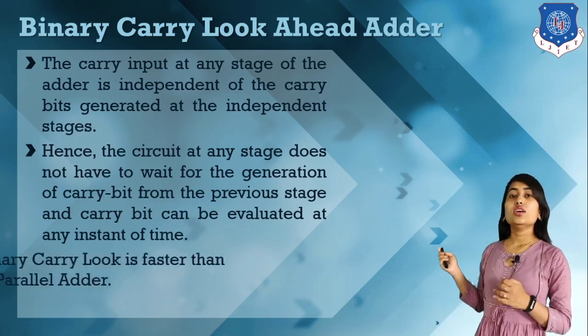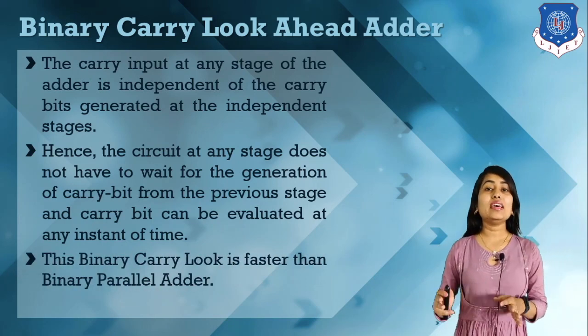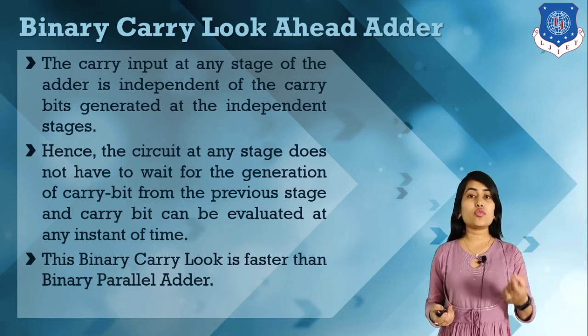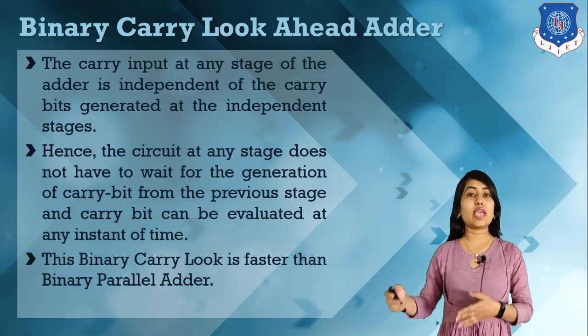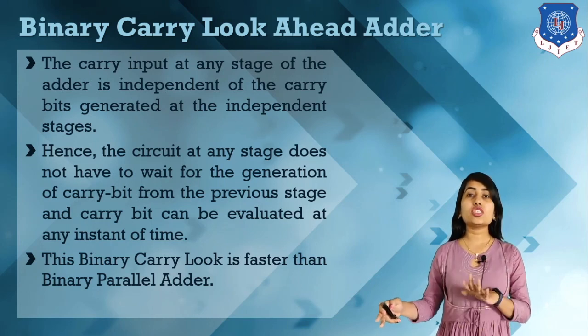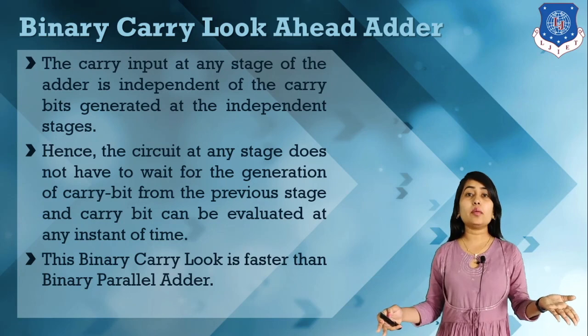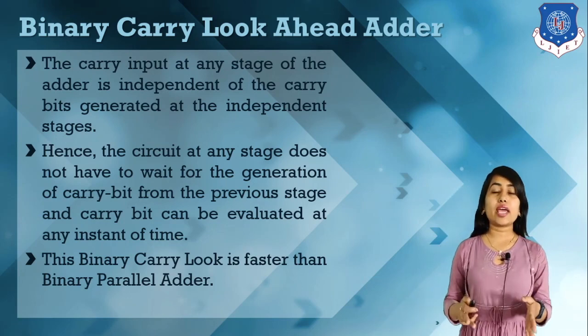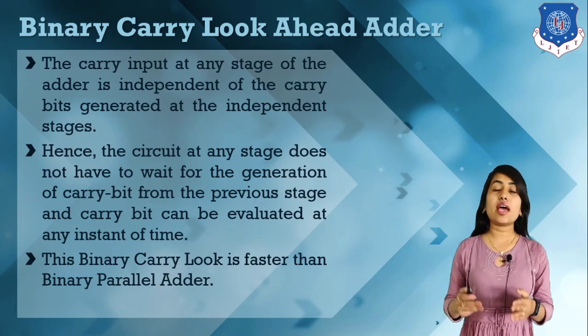The binary parallel adder has the disadvantage of carry propagation delay, but in a carry look ahead adder we can calculate carry which does not depend on the previous stage. That's why the carry look ahead adder is faster than the parallel adder.